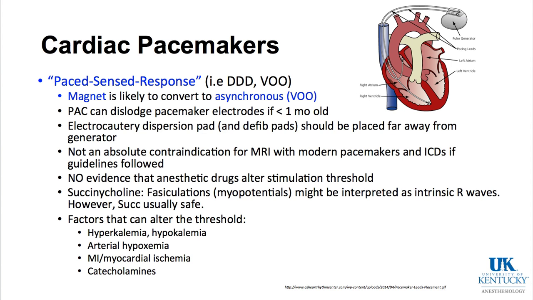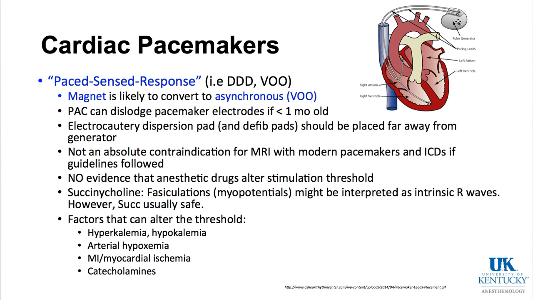If you put a magnet over top of the pulse generator of a cardiac pacemaker, many will be converted to an asynchronous mode. Not all, but many. And an asynchronous mode would be ventricularly paced, no sensing, no response to whatever the heart's doing.